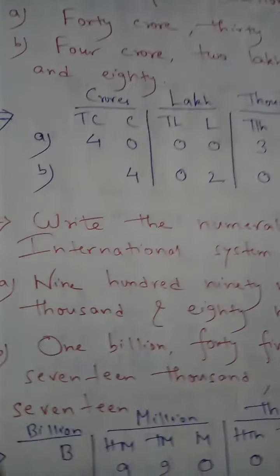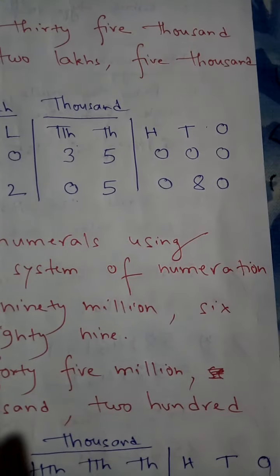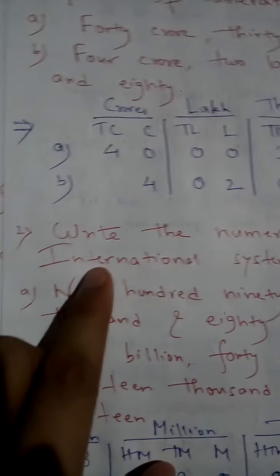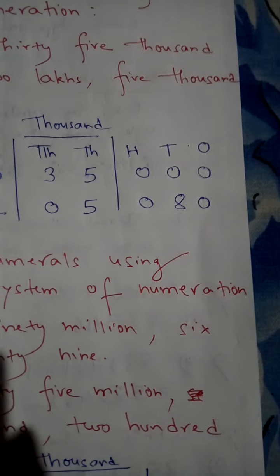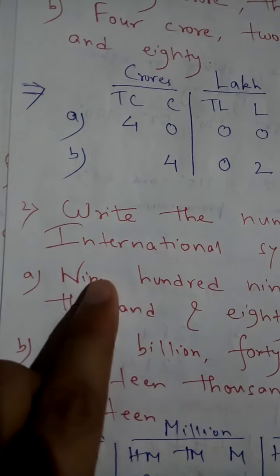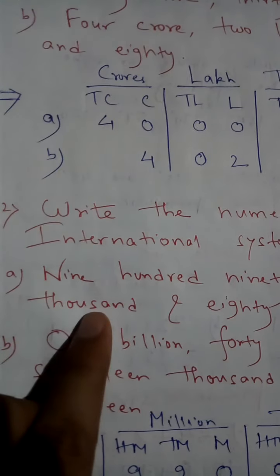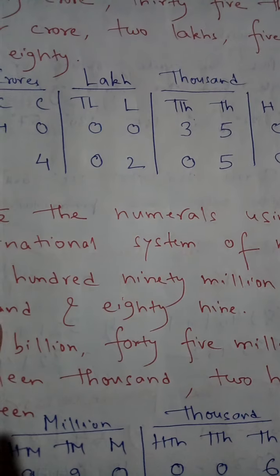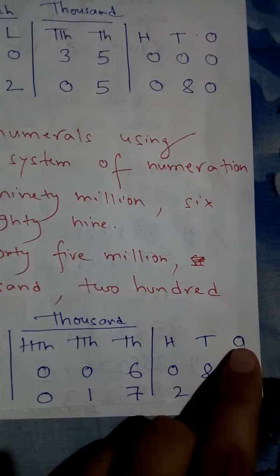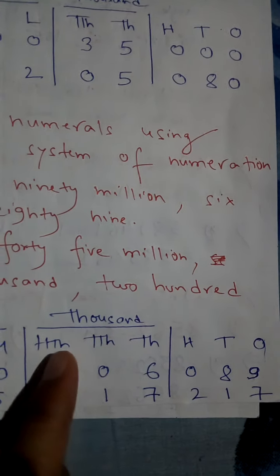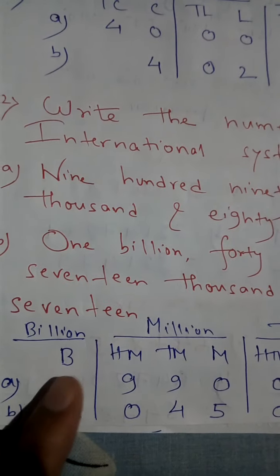The second question is: write the numerals using the International System of Numeration. The first question is 990,006,089. Again the same heading: ones, tens, 100, 1,000, 10,000, 100,000, million, 10 million, 100 million, and here billion.